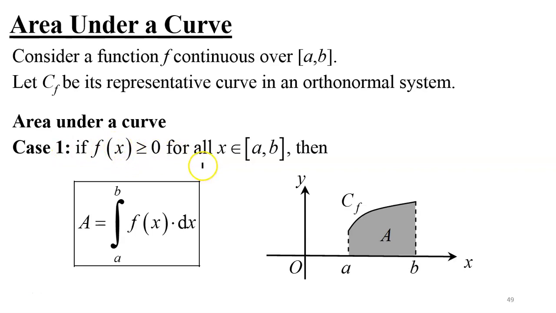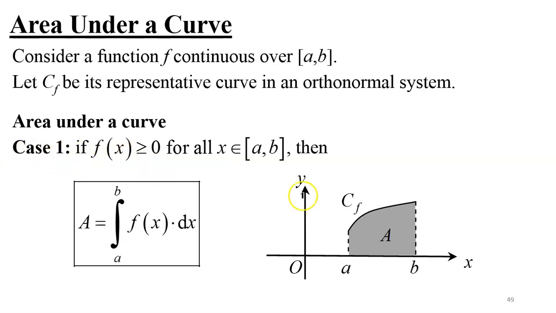Now, we've already seen in the lesson on properties of integrals that if the lower bound is smaller than the upper bound of the definite integral, then if f of x is positive, then the definite integral is positive. So it's in fact for that reason that area under the curve really depends on the position of the curve with respect to the x-axis.